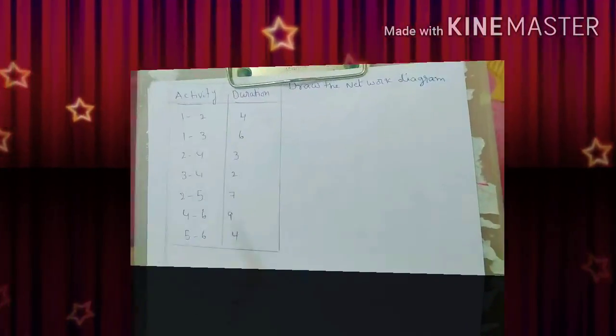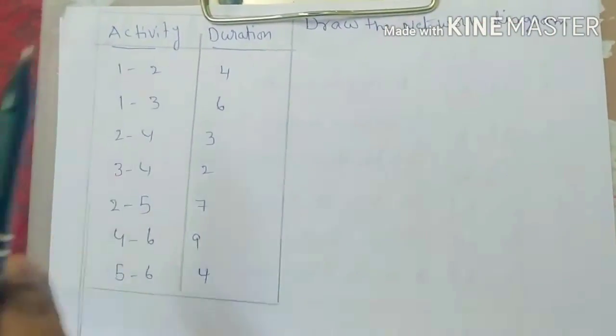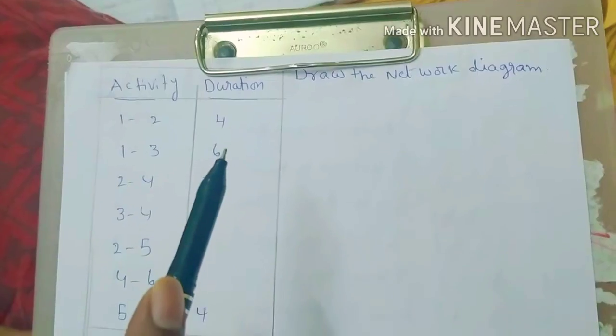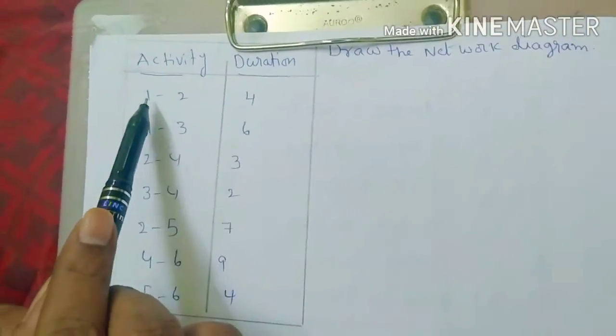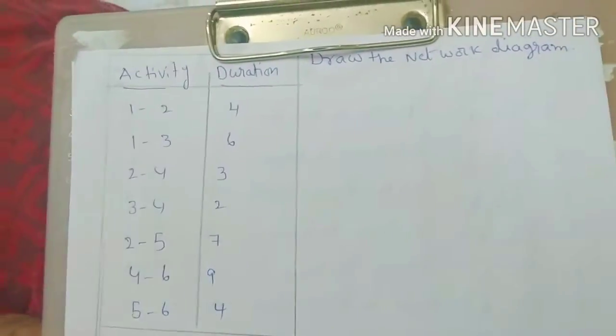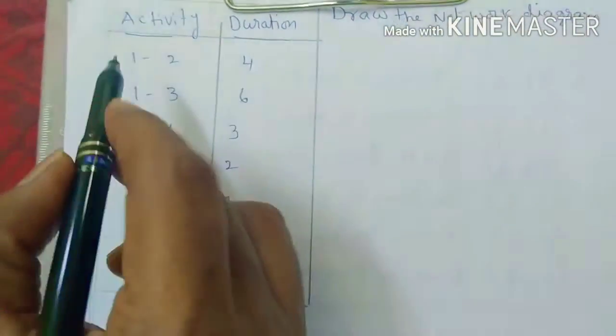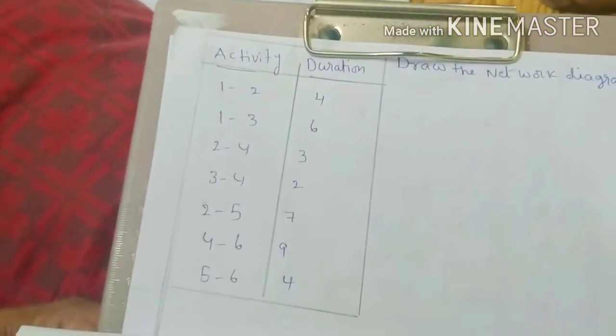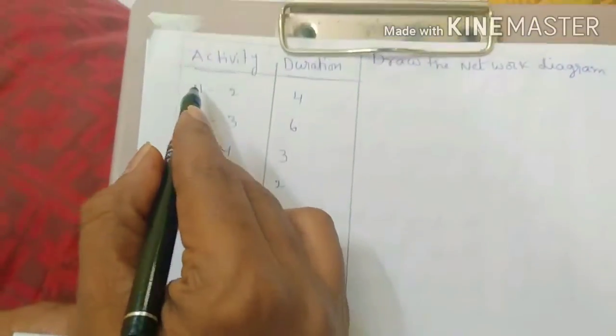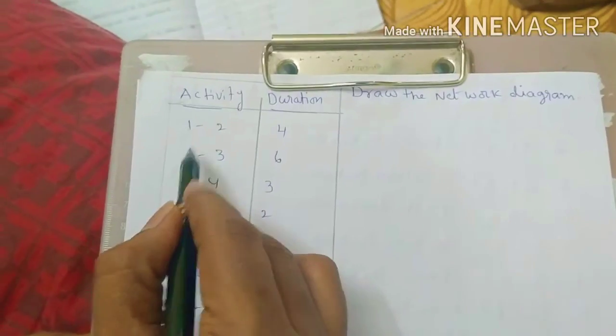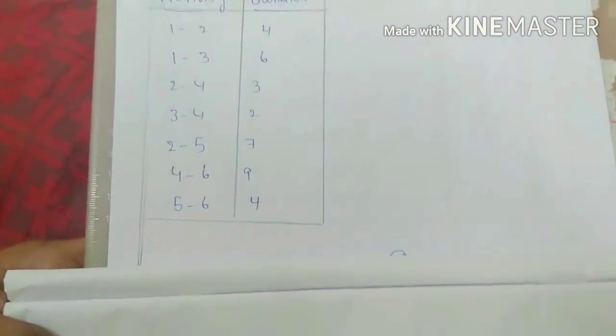Sometimes, instead of predecessor activities, they will give directly numberings. In such cases it is very easy to draw. So here starting point 1, ending point 2. How many things started from 1 in this case? 2 things are there. That's why you can take this is 1, this is 2.